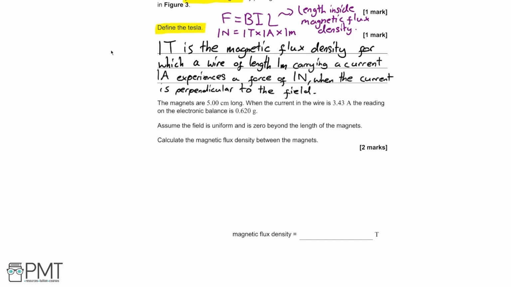Note that this comment about the current being perpendicular to the field, which you didn't have to say to get the mark, but is still important, comes from the fact that the full equation is F is equal to BIL sine of theta degrees, where theta is the angle between the current and the field.